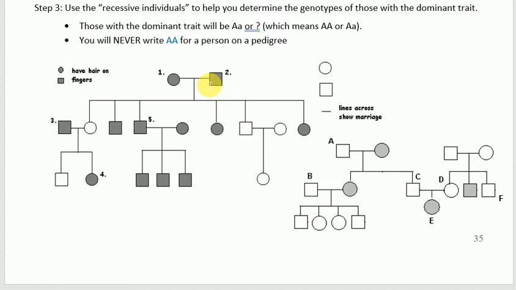And our next trait, determine is it dominant or recessive. So does it skip a generation? So we look here, it's not skipping a generation, so it is dominant. So what we're going to do is we're going to give the shaded individuals a capital letter.